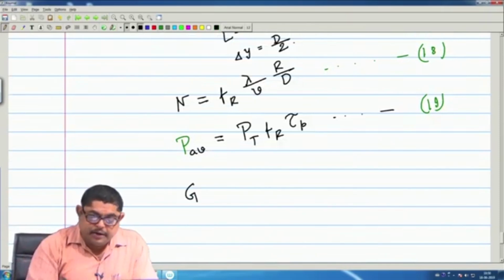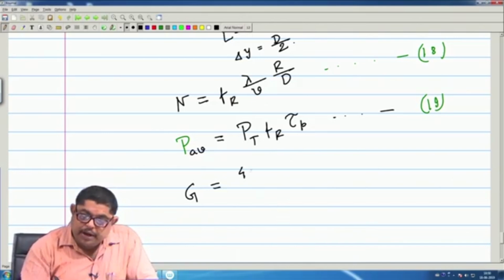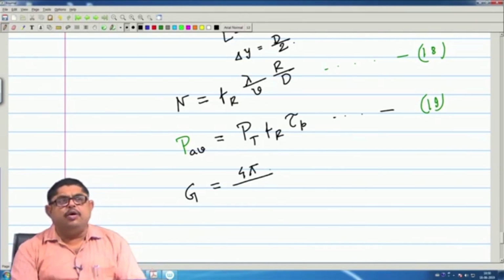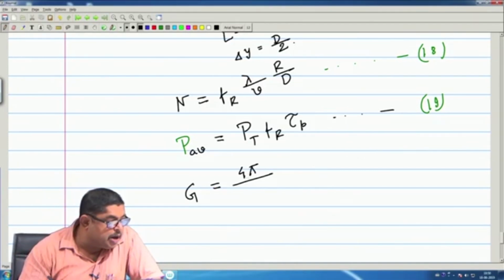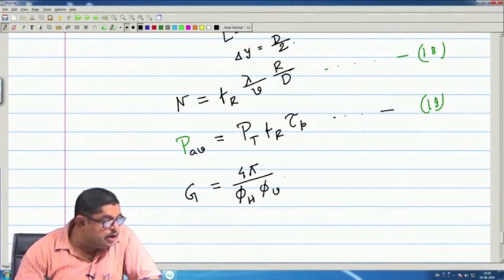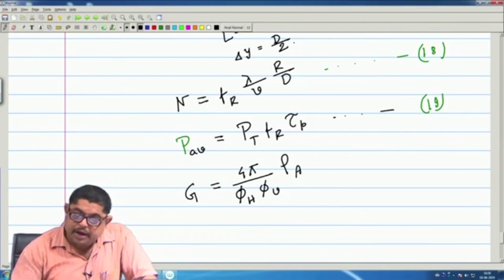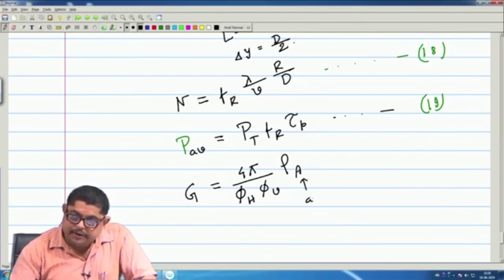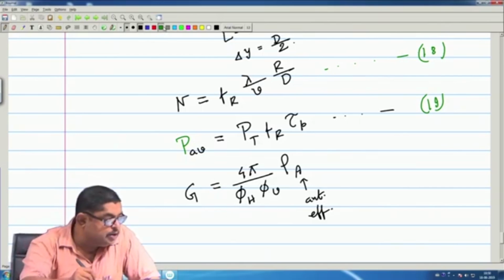also for an antenna, for generally a horn type of antenna, it is an aperture antenna, we can say G is 4 pi by phi h phi v in radians into the aperture efficiency, antenna efficiency. This is antenna efficiency, these are the beamwidths in the horizontal and vertical plane.